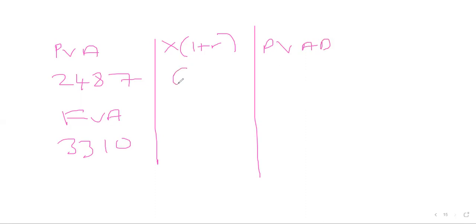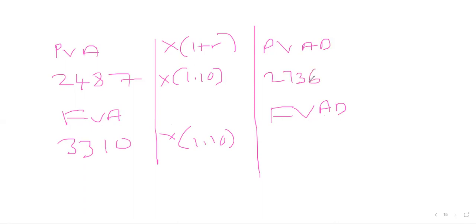So just multiply by 1 plus R. Here just multiply 1 times R. This becomes the future value annuity due. So 24.87 times 1.10, you are going to get 27.36.